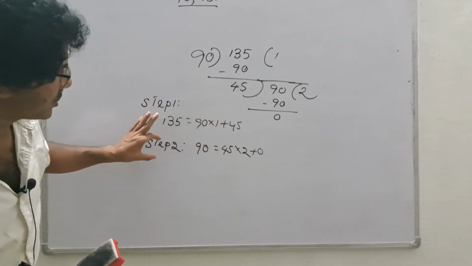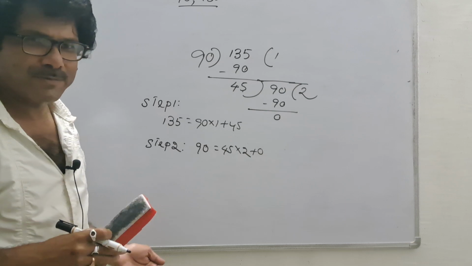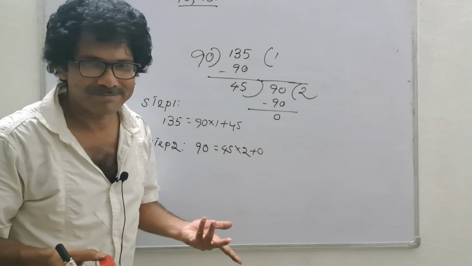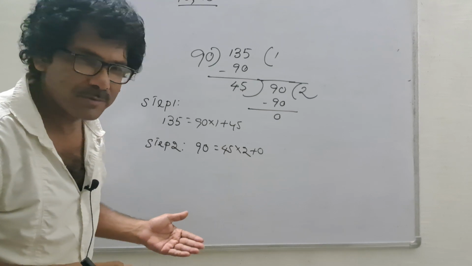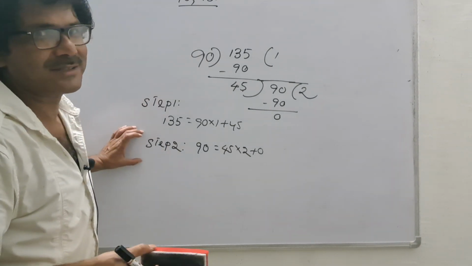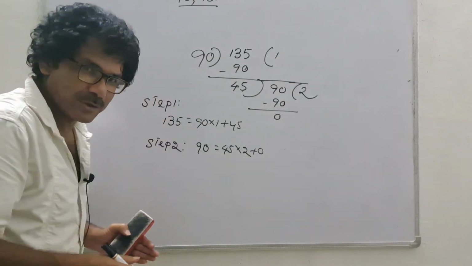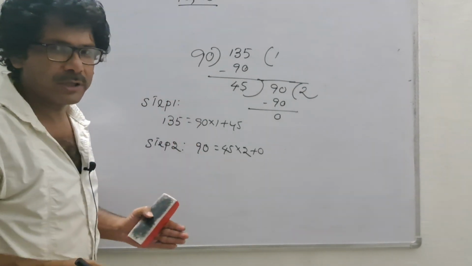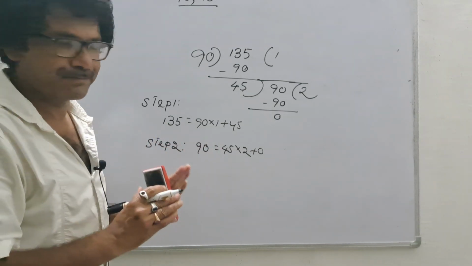Using two steps we have got the solution. So we have used Euclid's division algorithm, because steps are used here.